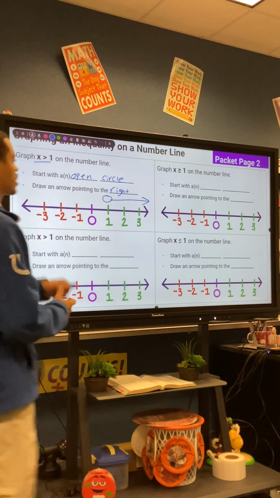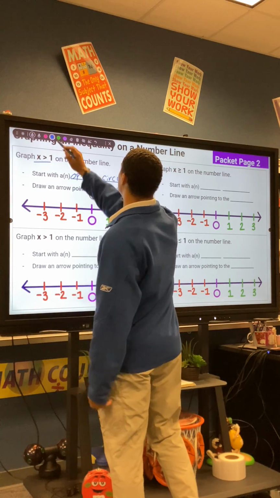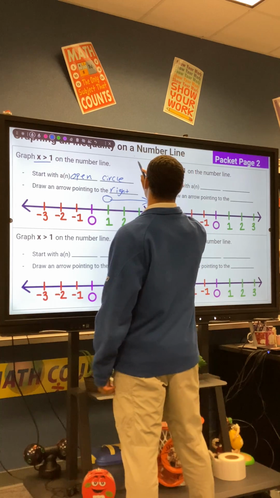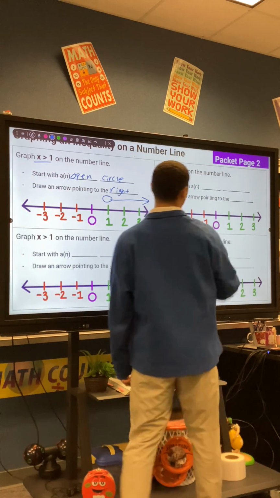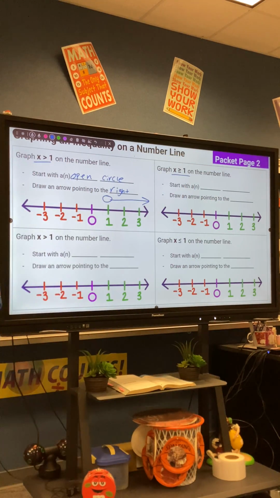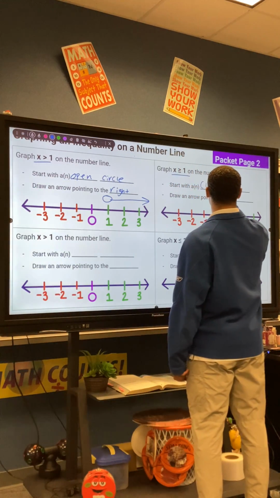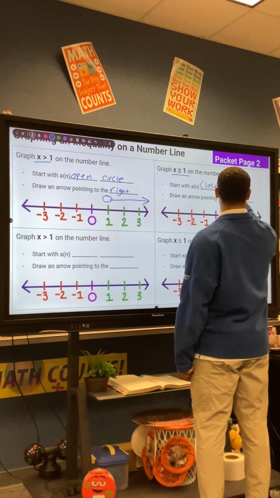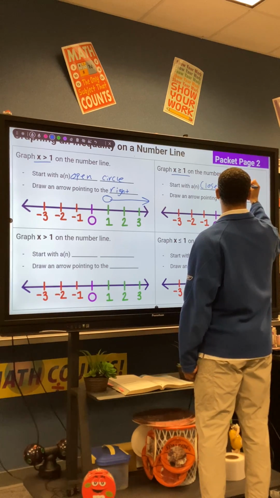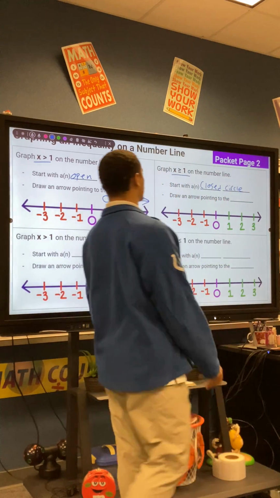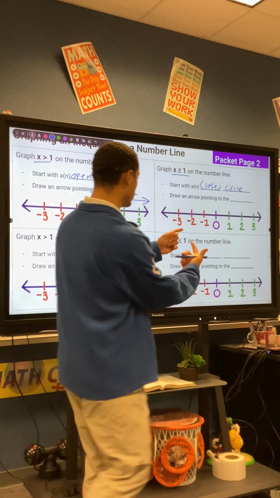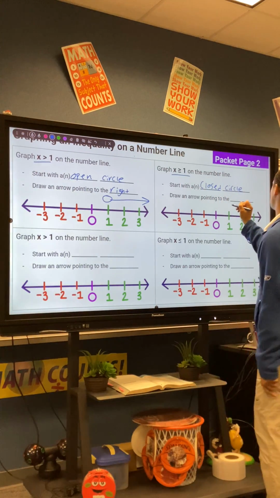Cool. So for my next one, it says x is greater than or equal to 1. So how is that going to change from my previous labeling? Since I have my greater than or equal to, this is going to be a closed circle. So I'm going to go over to my 1. I'm going to draw a circle.